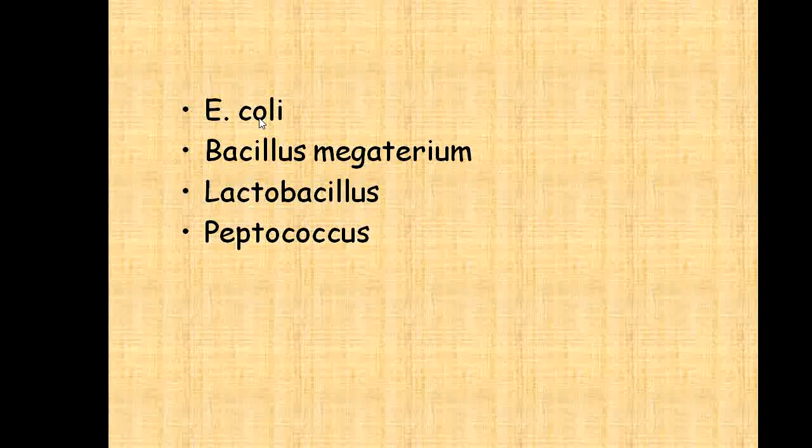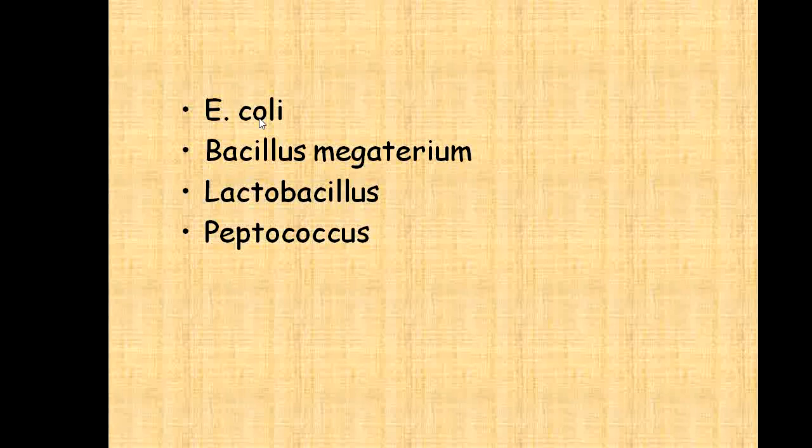E. coli is not a very harmful bacteria. Some strains of E. coli are pathogenic, while the majority of E. coli are human friendly and not harmful to the human body.